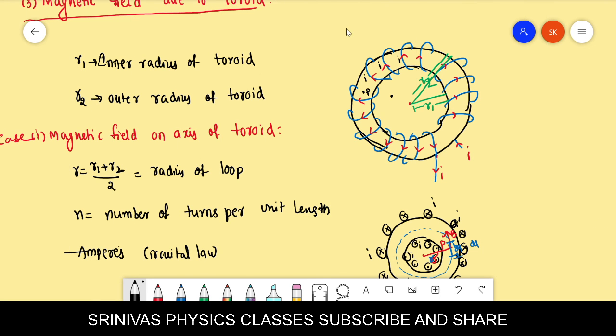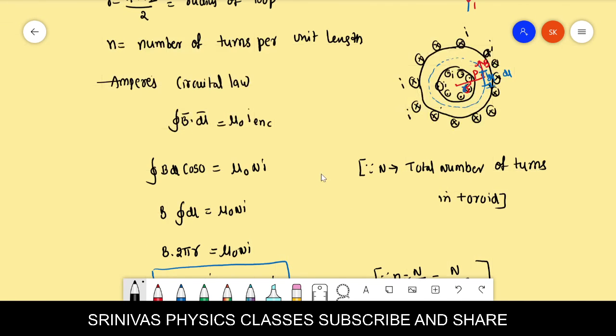Here I took it as R actually, it is S. At these points B is 0. Here we have the formula B equals mu naught N i. That means the magnetic field is present only in the interior of the toroid, and exactly inside and outside the field is 0. This is the derivation.